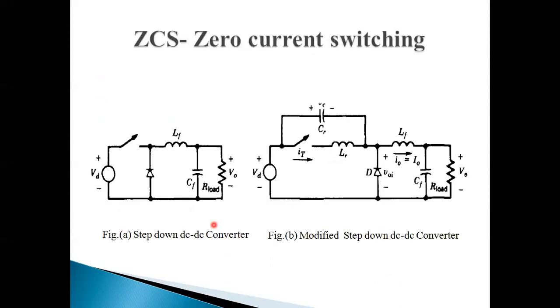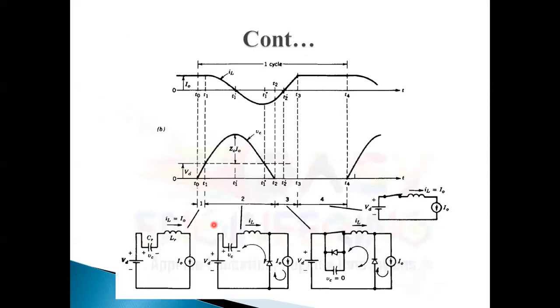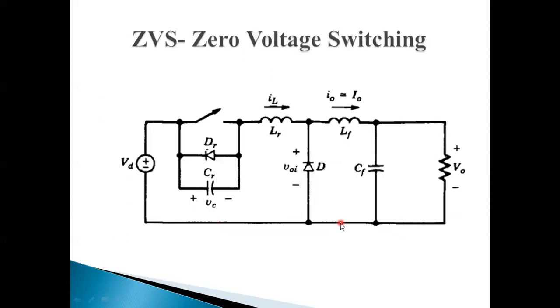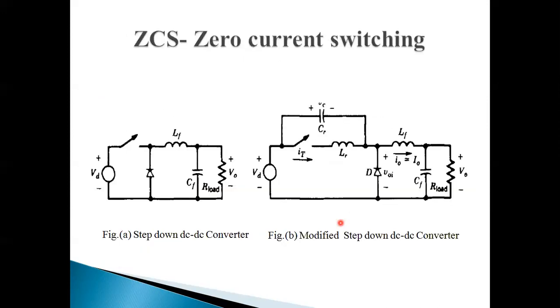Now we already studied the zero voltage switching theory. In that we got zero voltage across the switch, you can see here. Now we will study zero current switching.